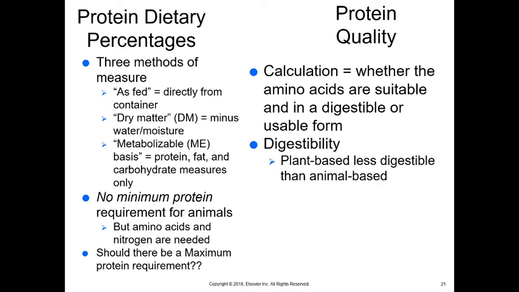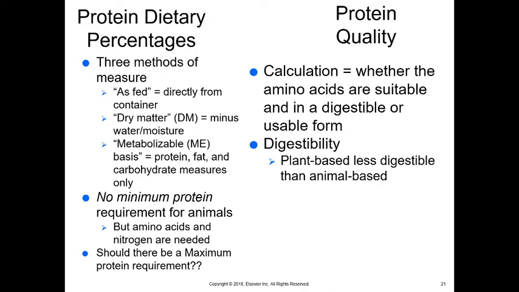My question is, should there be a maximum protein requirement? And my answer to that would be, in most cases, yes. Most animals need about 18 to 23% protein in their diet to function normally, for their kidneys to function normally and not be overwhelmed with protein and having to digest it, and their liver having to metabolize this protein.